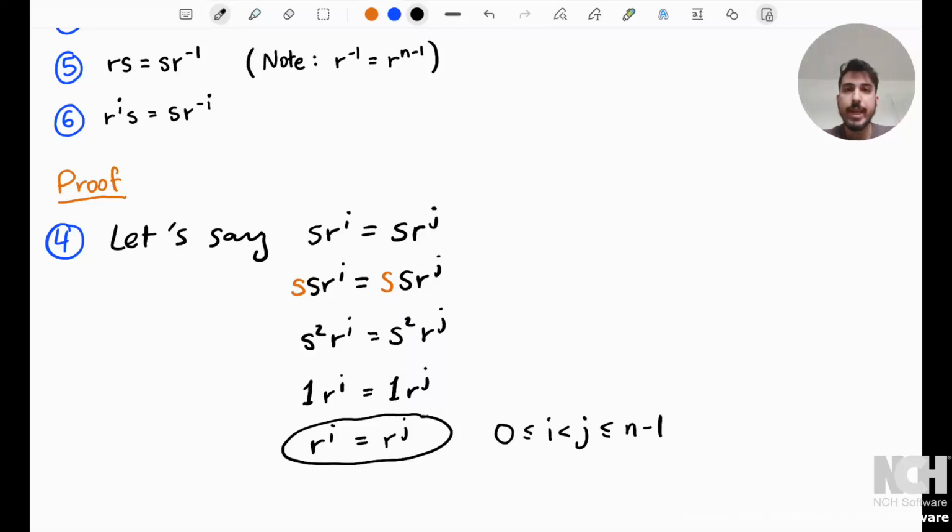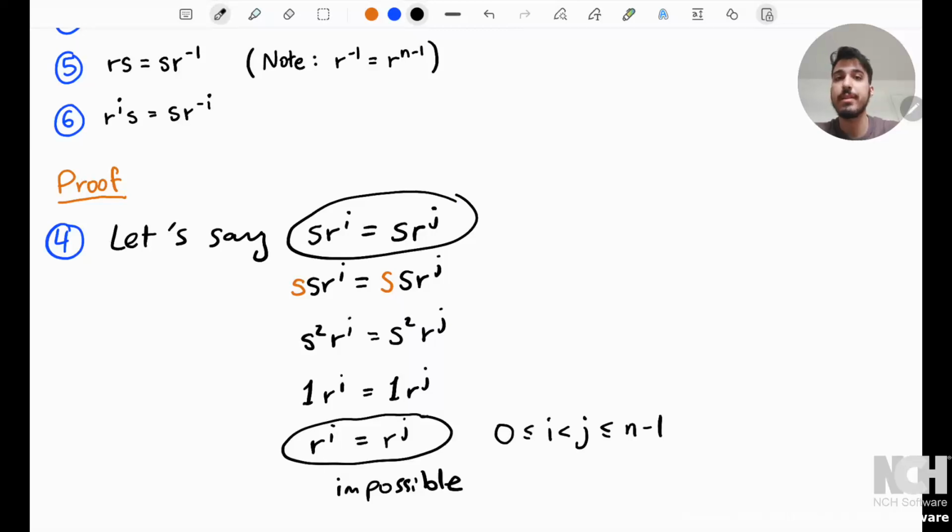If you give me a hexagon, a 6-sided polygon, and you rotate 4 times, it's not the same as rotating 5 times. So this is essentially what we're saying here. This is impossible. And thereby we have proven that this statement is impossible, so it should be not equal, thereby proving part 4 of the proposition.